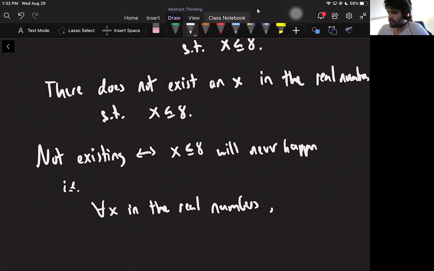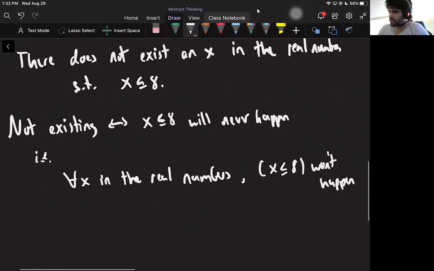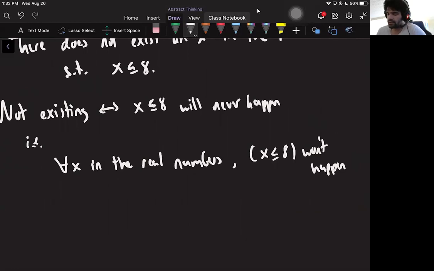Let me write a weird notational thing. It's sort of like saying this guy won't happen. But that really just means that for any x in the real numbers, x will not be less than or equal to 8. That's just saying the negation of x being less than or equal to 8 is what will happen. So the negation of less than or equal to is greater than.